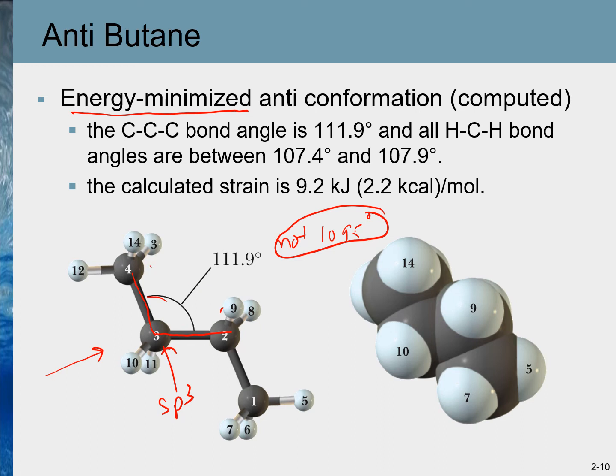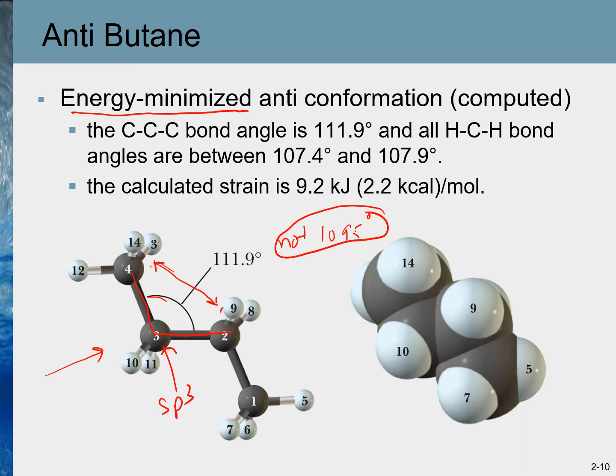So hence the angle is slightly larger to avoid the steric repulsion. But this larger angle will create some angle strain. So it's always about positives and negatives. Because this angle strain probably is smaller than the steric strain, the molecule prefers to have angle strain.